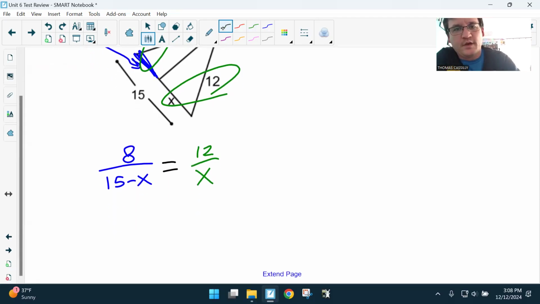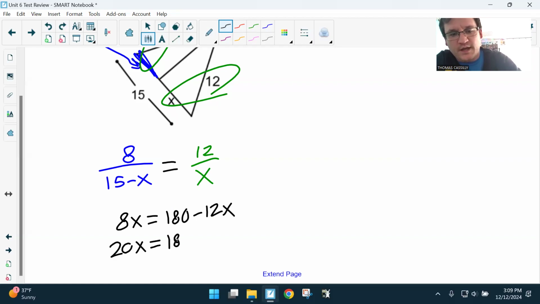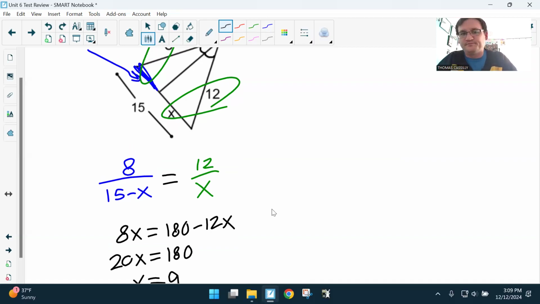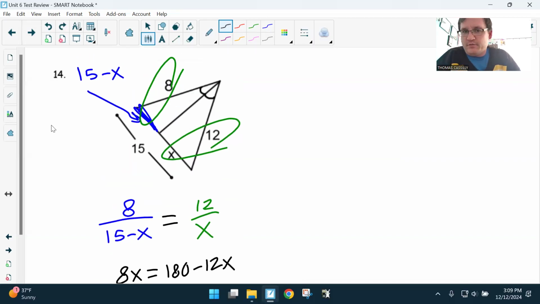We're going to get 8x equals 15 times 12. That's 180 minus 12x. Add the 12x over, I got 20x equals 180. 2x is 18, so x equals 9. And that one's done.